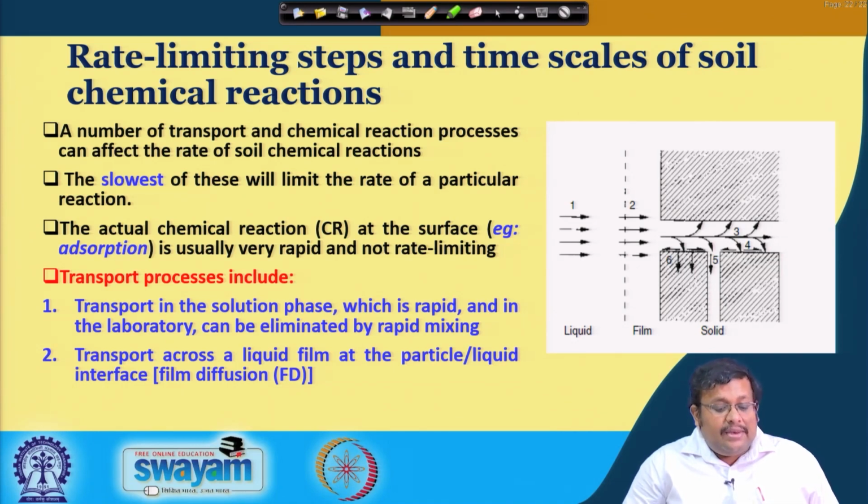So, the actual chemical reaction which we denote by CR in short at the surface, for example, in case of adsorption, adsorption is a surface phenomena. So, the actual chemical reaction at the surface, for example, in case of adsorption is usually very rapid and not rate limiting. And basically this transport process includes 6 different processes.